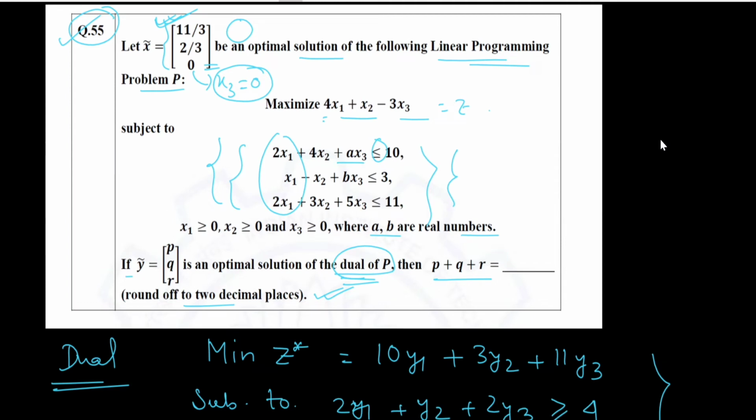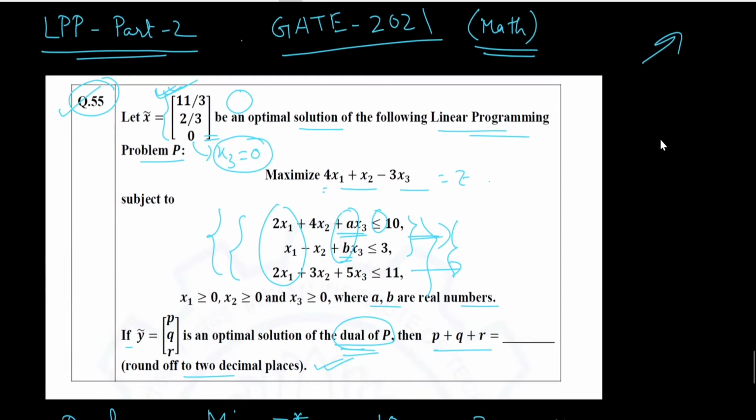Let us start from the first. Here it is a and b. These two are not so important because we don't know the value of a and b. So let us put in the constraint 3. The value of this is 2 into 11/3 plus 3 into 2/3.